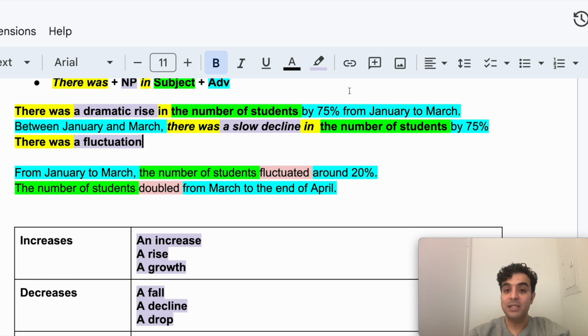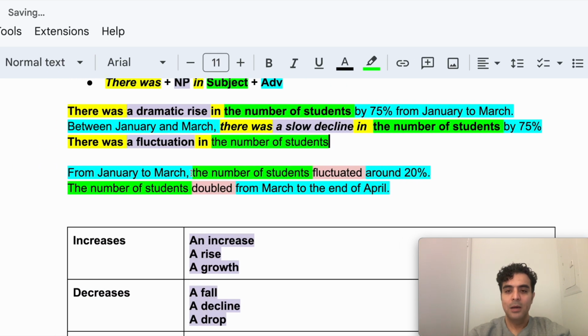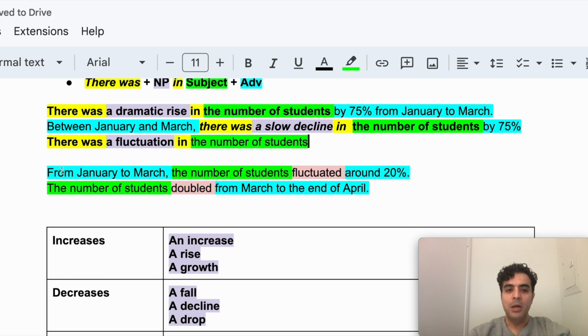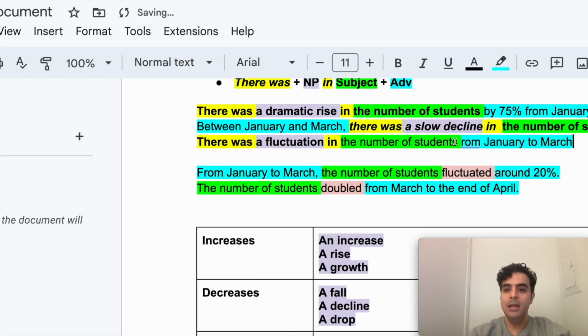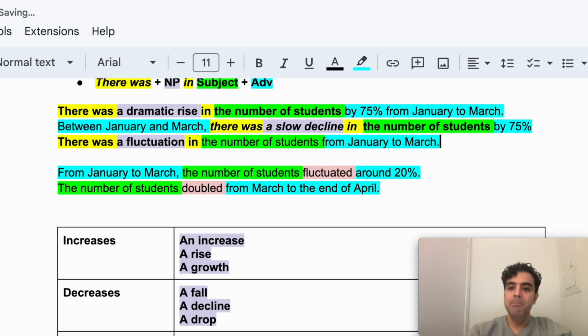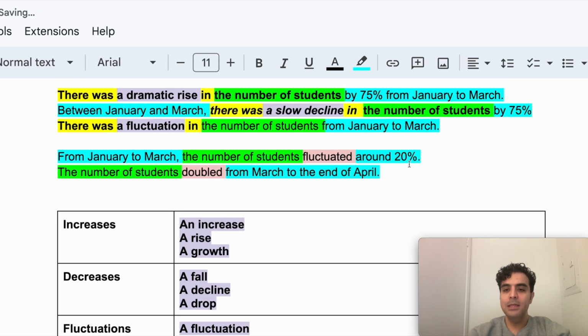And then I have to say in something. So there was a fluctuation in what? The number of students. And then I'm going to mention from January to March, the time period as well. Here, this comes at the end. And voila. Now, one thing I've missed in my example is this, around 20%.